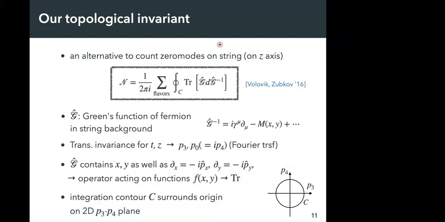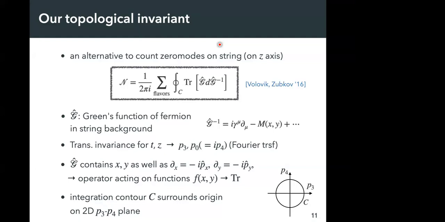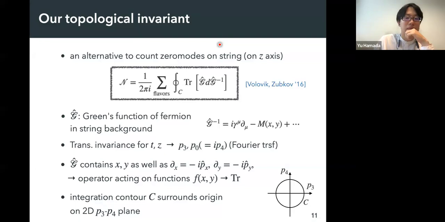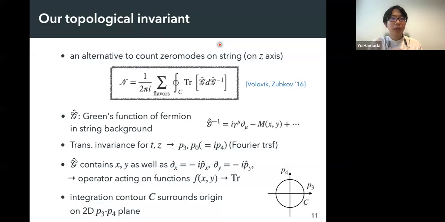Because otherwise, if we modify the circle C, it changes this quantity. Right. Okay. So let me explain it on the next page.